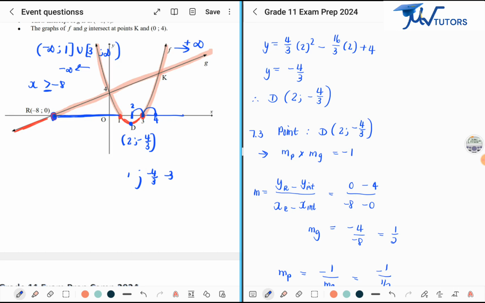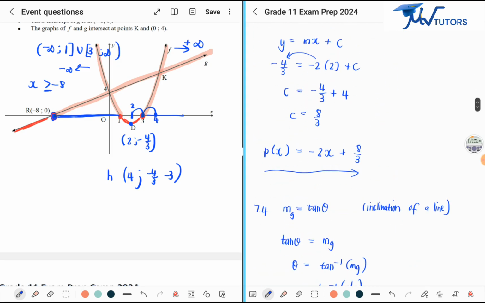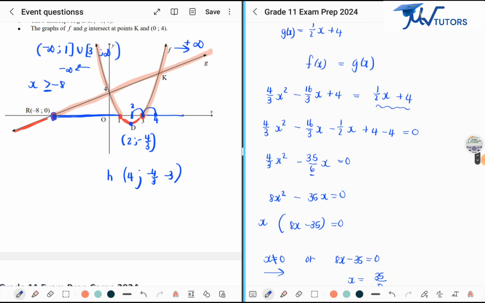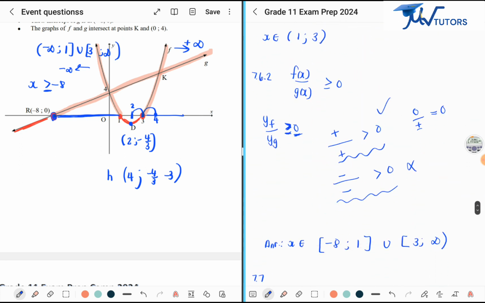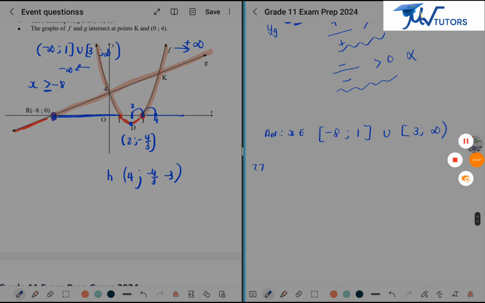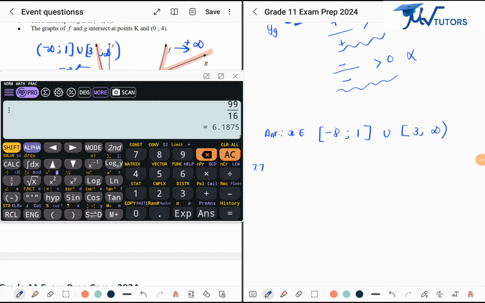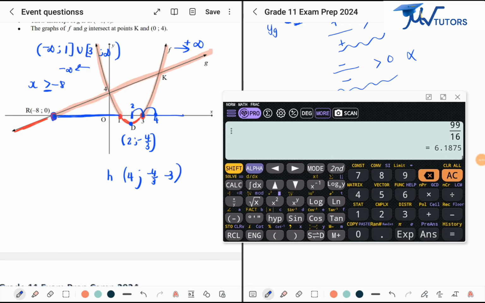So basically we have 4 there. So that's basically our turning point for h. Let's work out what the y value actually is. If I have negative 4 over 3 minus 3, it's going to be negative 13 over 3.